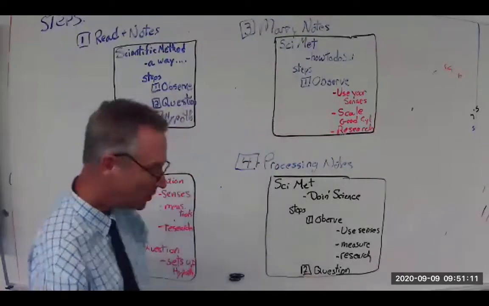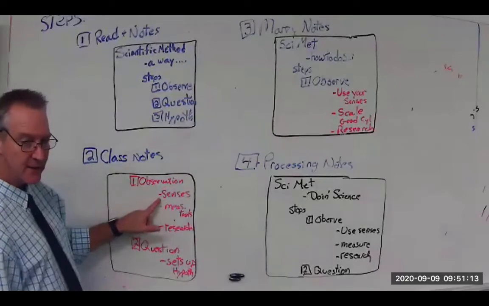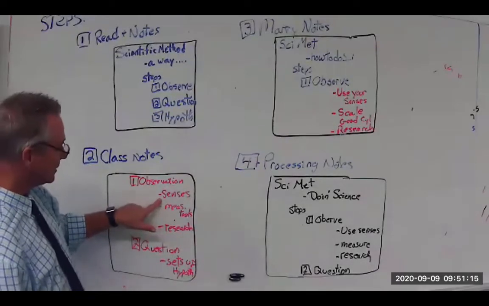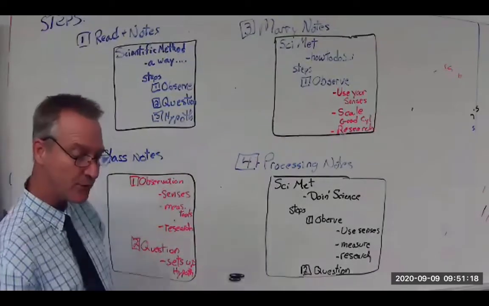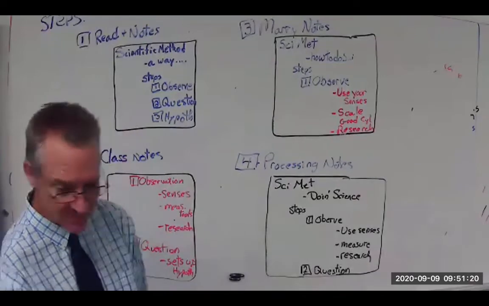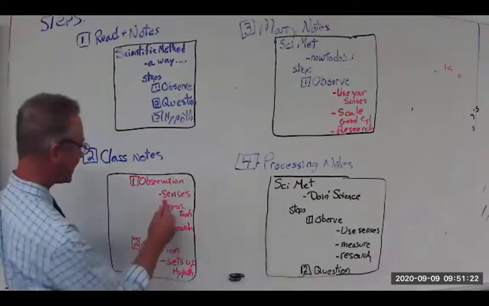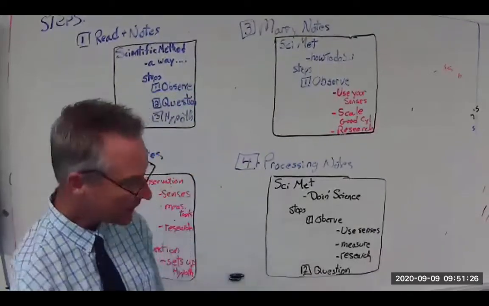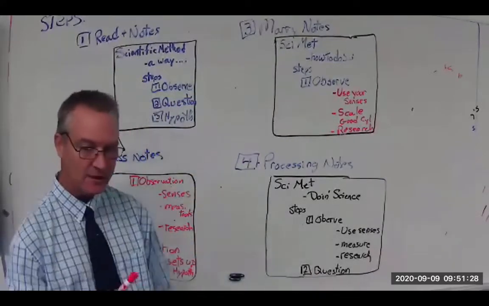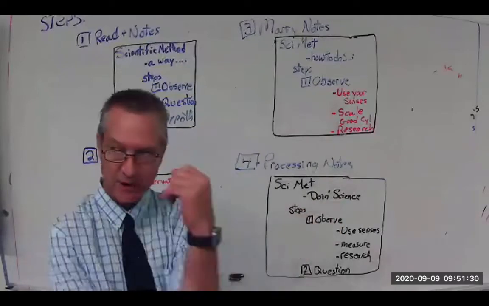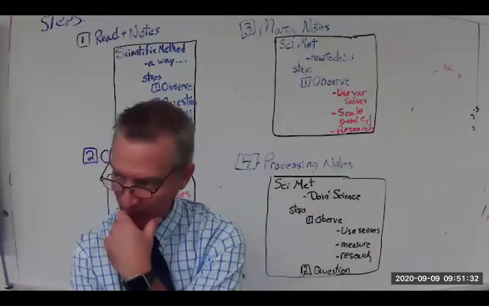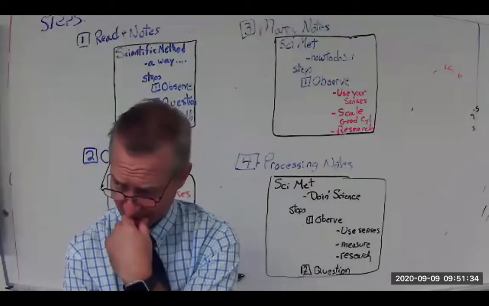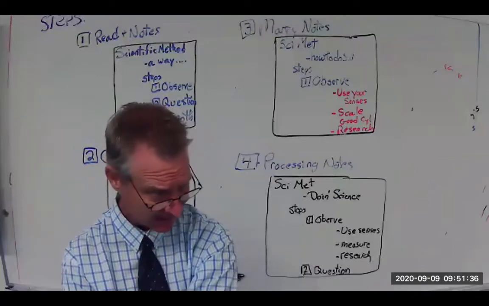Now, you would look back over here, and I know this probably happened for some of you. In class, I only wrote the word senses because I'm talking, and I said, use your senses. Maybe I said sight, vision here. What if I put senses, and for whatever reason, when you're doing the reading notes, it's only a day later, and you're like, I really don't remember. What does senses mean?